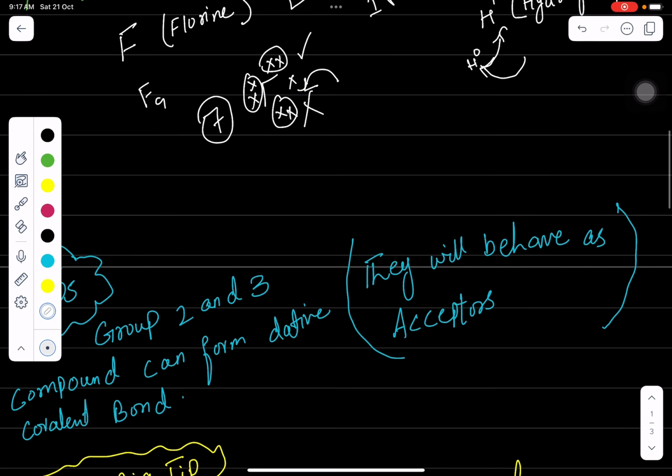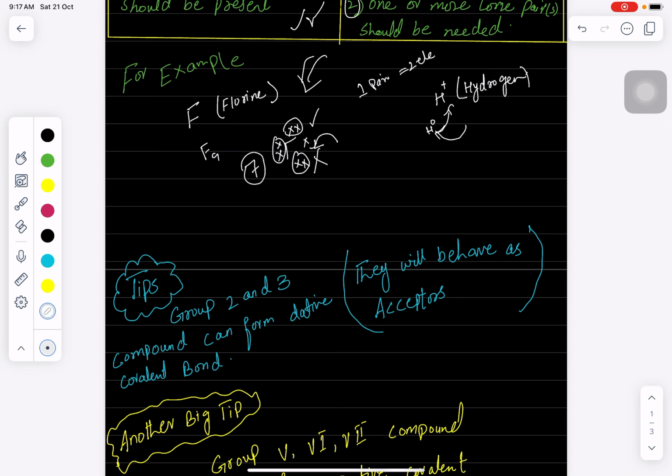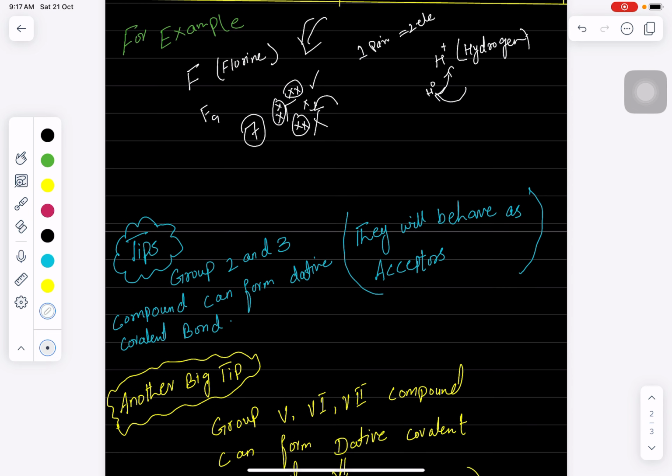Now I'm going to give you some tips which will help you a lot. Tip number 1: group 2 and 3 compounds. I'm talking about compounds, not the elements or atoms.